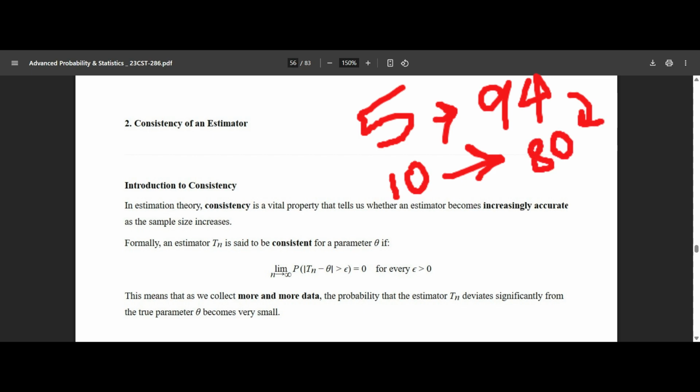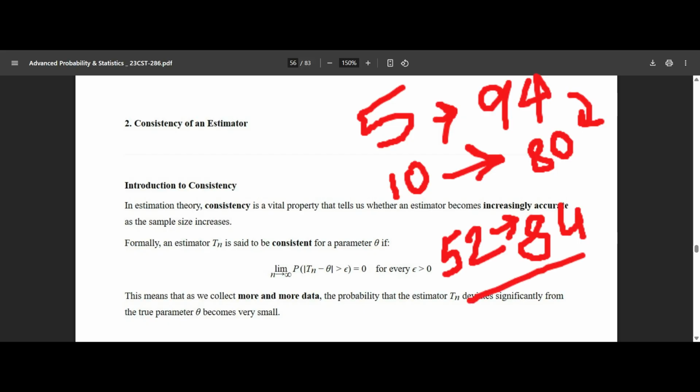Okay, now finally you take the mean of all 52 students. So what happens? The mean of 52 students comes out to be overall 84. Okay, so neither 94 nor 80. Overall the mean of all students is 84 out of 100.